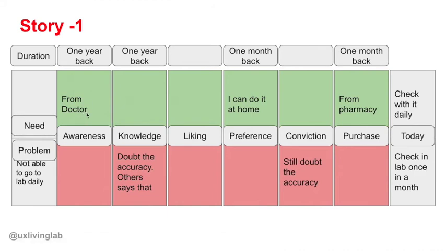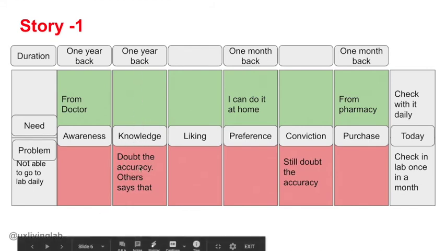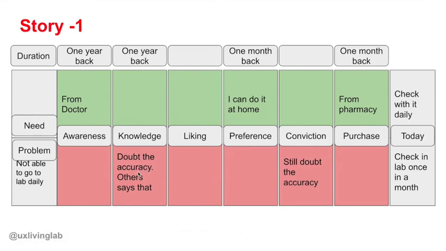From the doctor, who said that okay, there is a product available like a glucose meter, you can purchase that and you can use it. And when was it? It's around 1 year back. So you can see that awareness starts 1 year back from the doctor. Then at that time itself, he inquired about that product, gaining knowledge, but he doubts the accuracy. Others say that this is not accurate. So he doubts the accuracy.